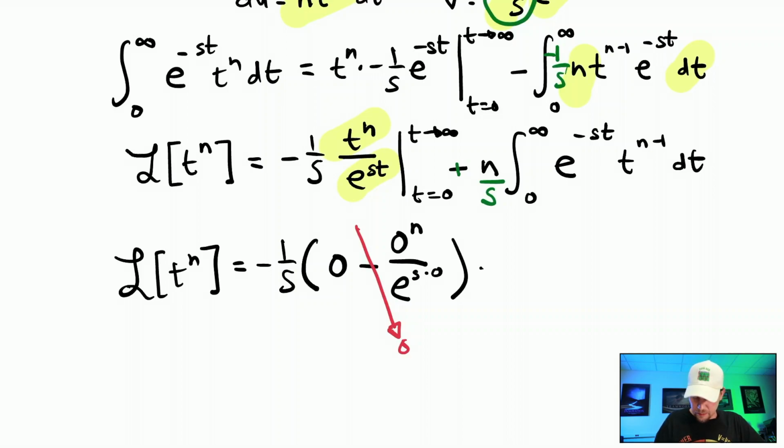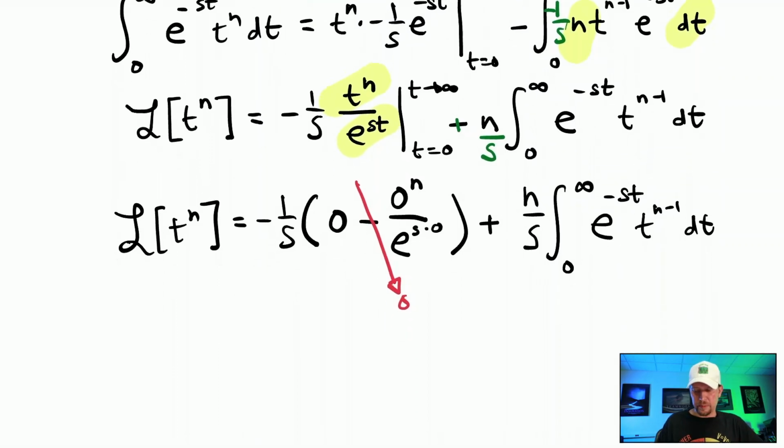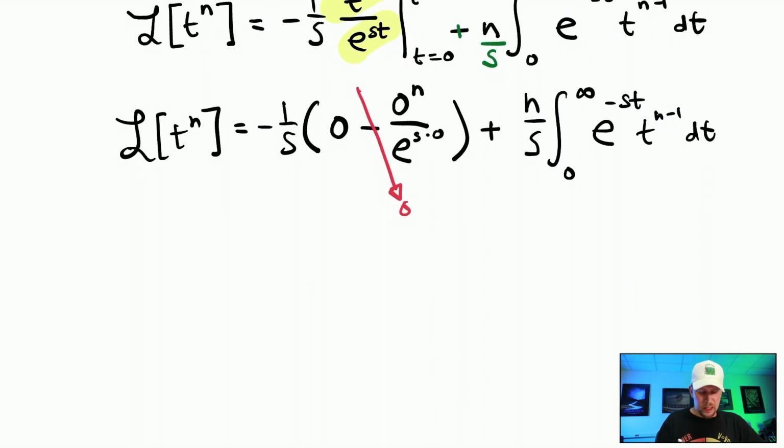While for the second part, we have plus n over s, the integral from 0 to infinity of e to the minus st t to the n minus 1 dt. Now this is where the clever part is actually going to take place. If you really take a look at what we have right here, excluding the n divided by s, notice that that is by definition another Laplace transform.